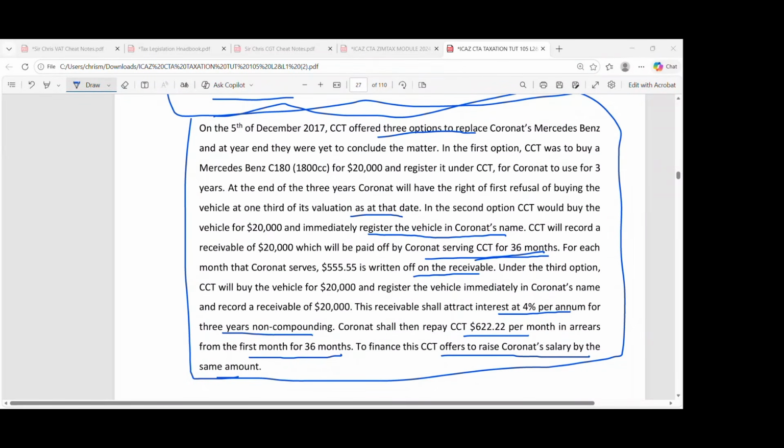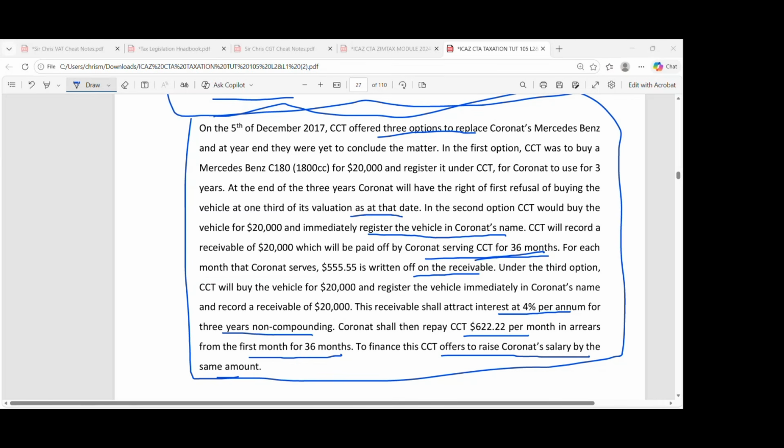And the amount to include in gross income, we consider the cost to the employer. The benefit here is for the service to be rendered, hence it is remuneration and revenue in nature to Colonat.